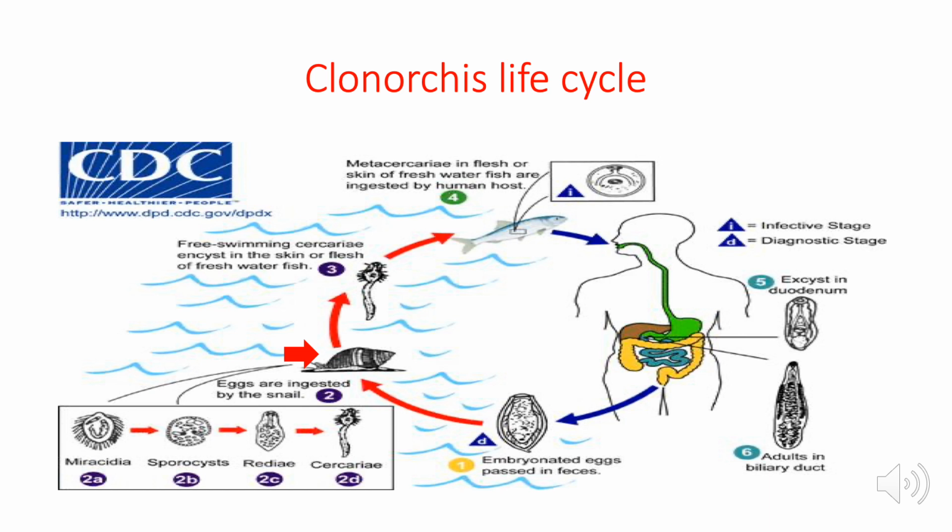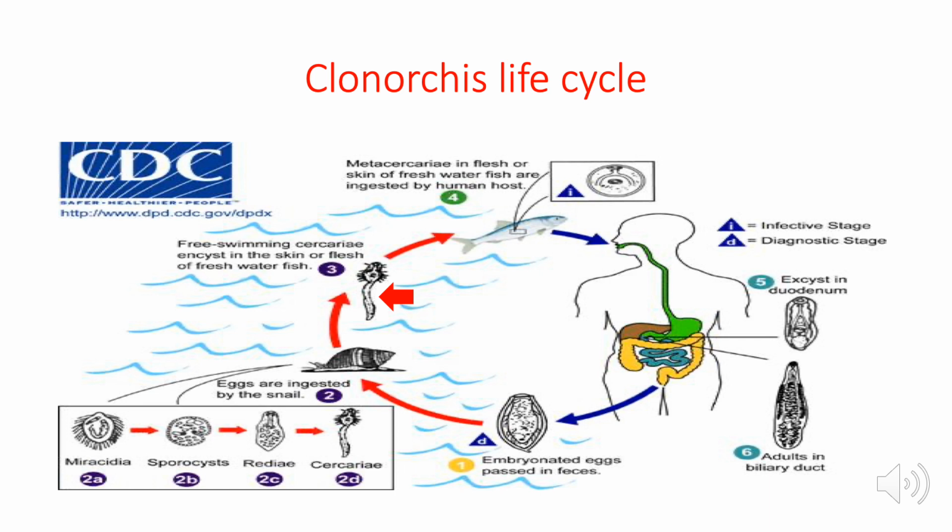So the miracidium will become the sporocyst. The sporocyst will give rise to the rediae, and the rediae will produce the tailed cercaria. That's the stage that will emerge from the body of the snail host. Please describe the cercaria of Clonorchis.